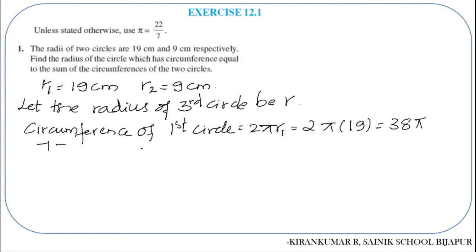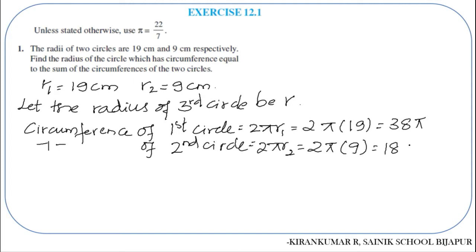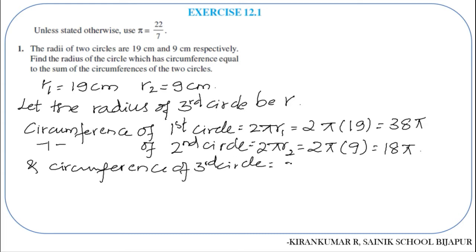And the circumference of second circle is 2 pi R2, which is 2 pi times 9, 18 pi. And the circumference of third circle is 2 pi R.